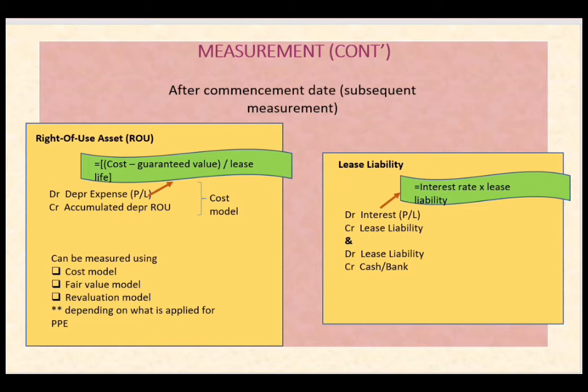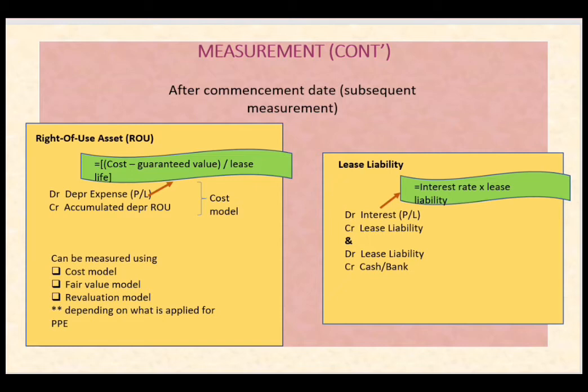Cost here is the amount of right of use asset that we have already calculated in the initial measurement. Lease life is the lease term. If the lease is for 3 years, then this is 3.